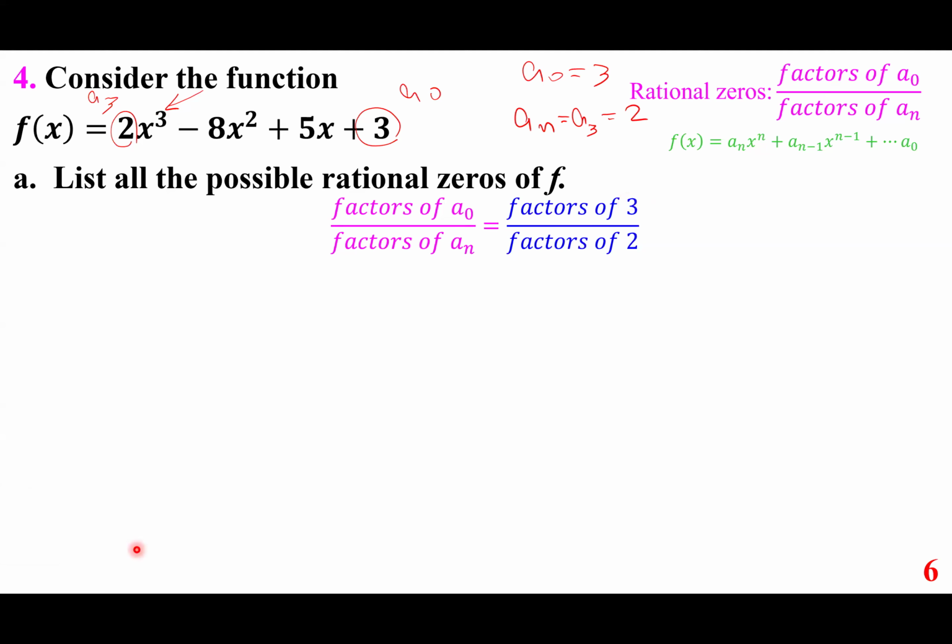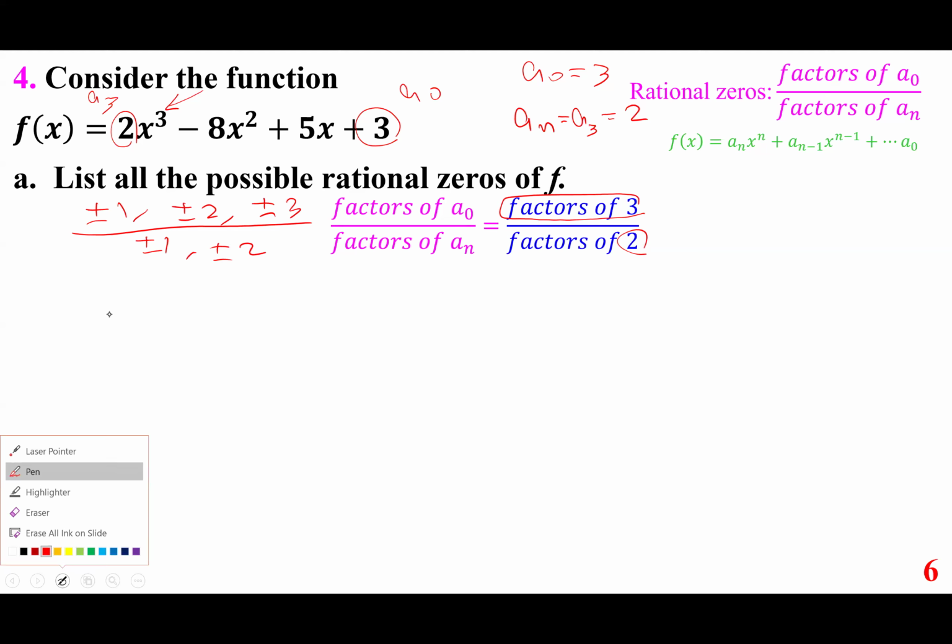Let me write this for you. So the numerator has the values plus minus 1, plus minus 3. The denominator has plus minus 1, factors of 2, plus minus 2. So if you divide this by the plus minus 1, you get the same as the numerator.